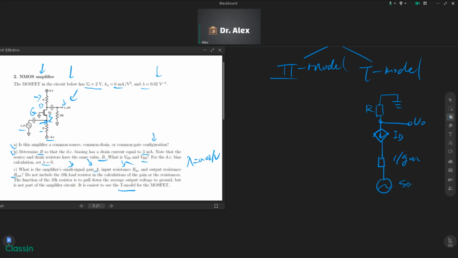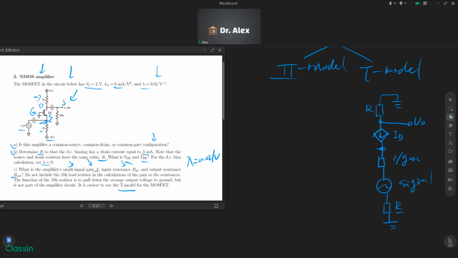Next is our signal. This is our input signal, which is a small signal. And here is the same resistor at the source, and it will be grounded just under this resistor.